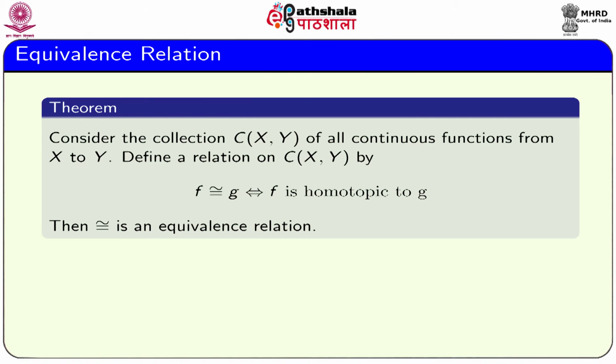Now, we show that being homotopic is an equivalence relation. For that we state the theorem. Suppose we are taking the collection C(X,Y) of all continuous functions from a topological space X to another topological space Y and define a relation on C(X,Y) by f is related to g if and only if f is homotopic to g.